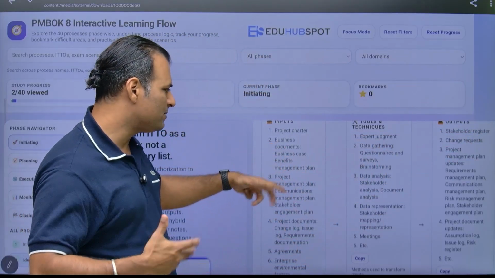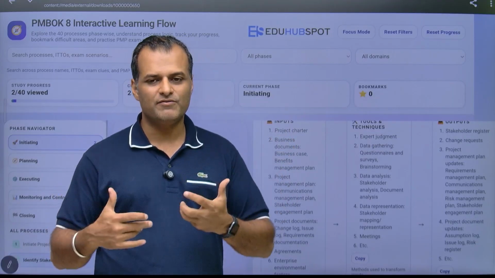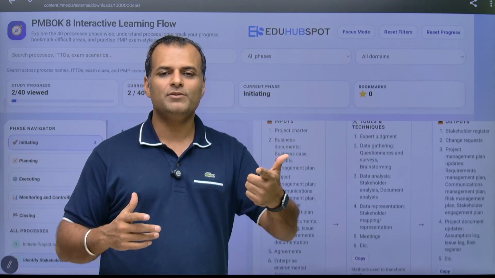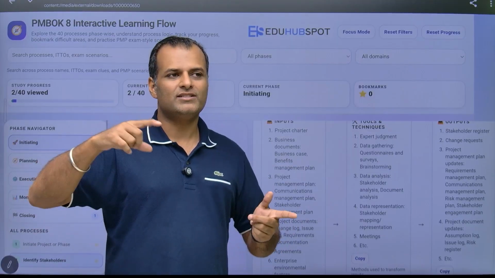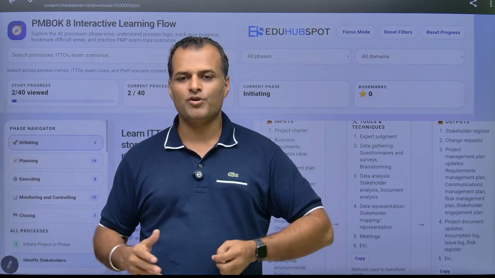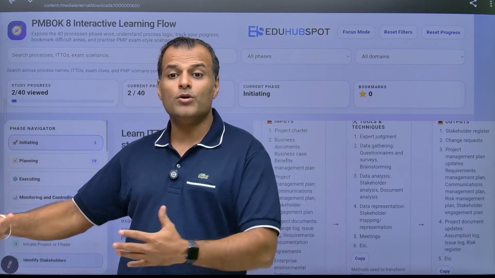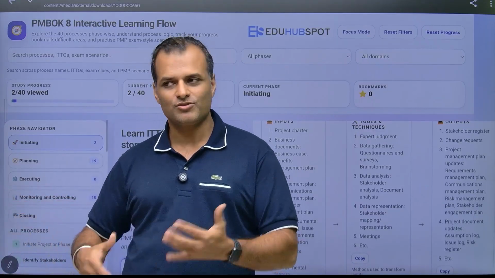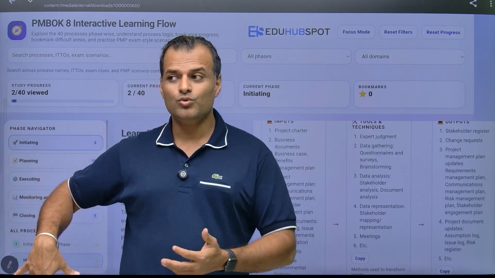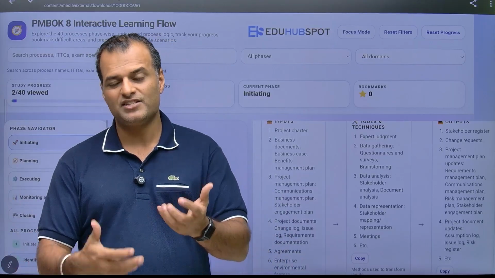Then you will have your business case and benefits management plan. As I said to you before, business case or benefits management plan is why you are doing the project and what the benefits are. For example, the benefit of our construction project is that there is no apartment complex in this area. So that's a benefit, right? People who do not have an apartment complex, now they will get a place to live here.